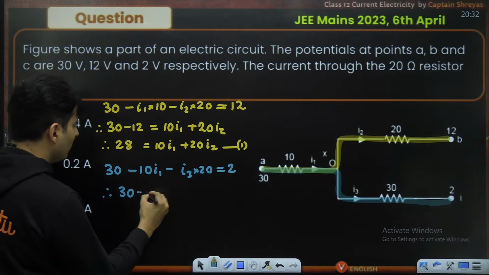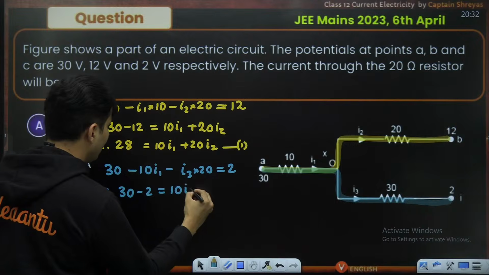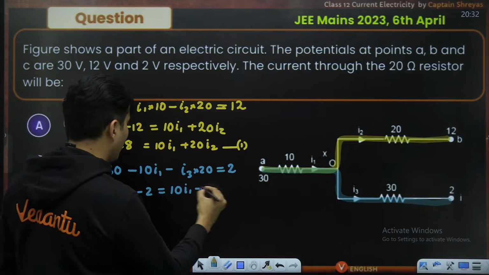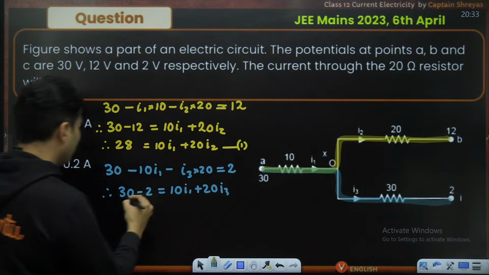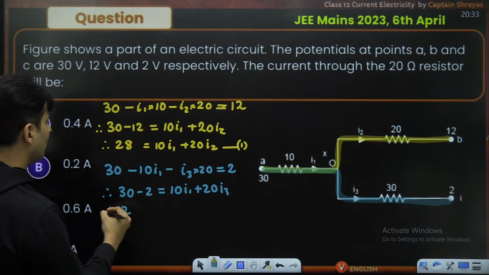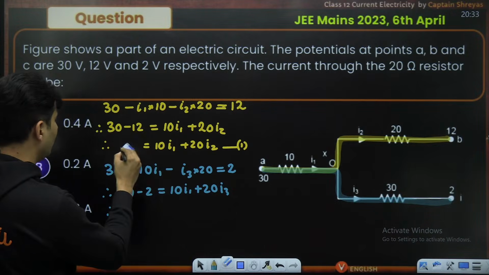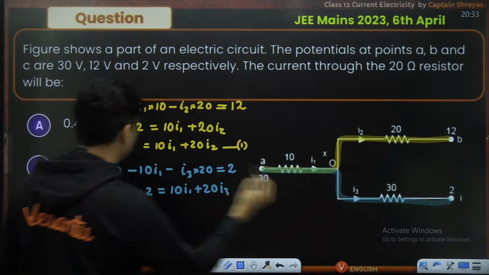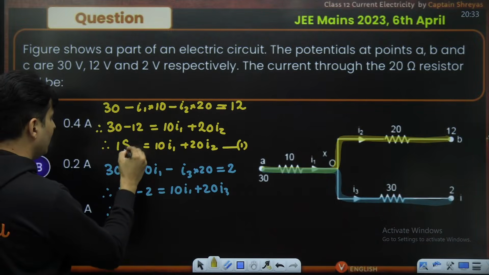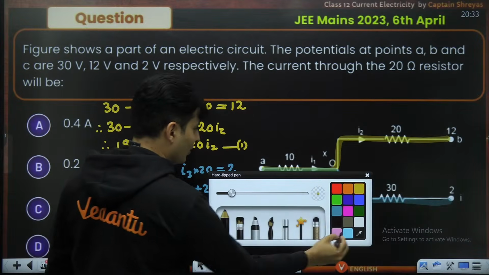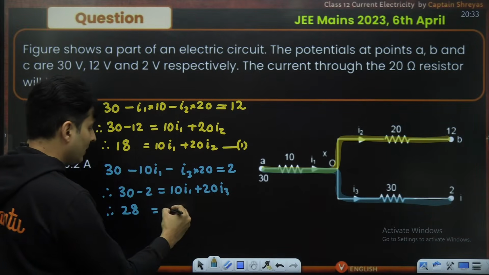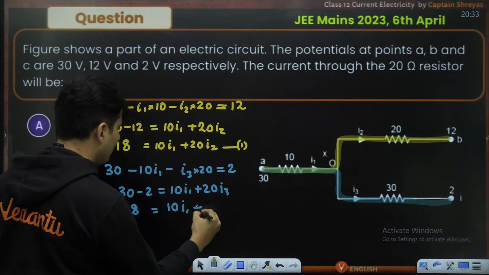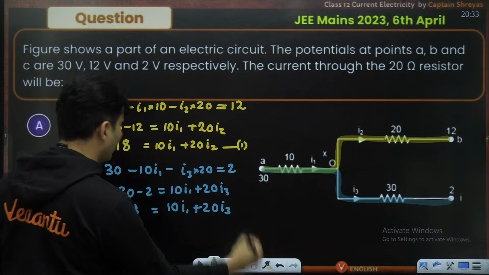So 30 minus 2 is 10 times of I1 plus 20 times of I3. Sorry guys, while doing this, I made a small mistake. 30 minus 12 should have been 18. I don't know why I wrote 28. But this one, 30 minus 2, is 28, which is nothing but 10 times of I1 plus 20 times of I3.